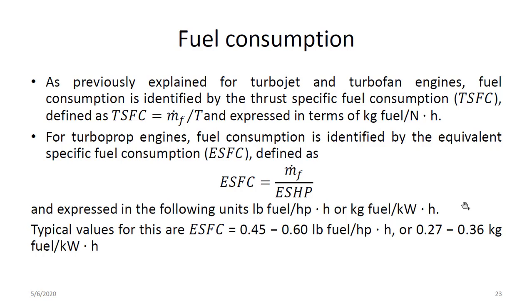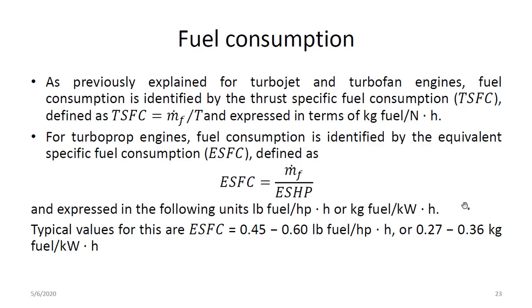Alright, now, having looked at everything else, we can look at the fuel consumption. I explained in the introductory part that turboprop engines are more fuel economic compared with turbojets and turbofans.